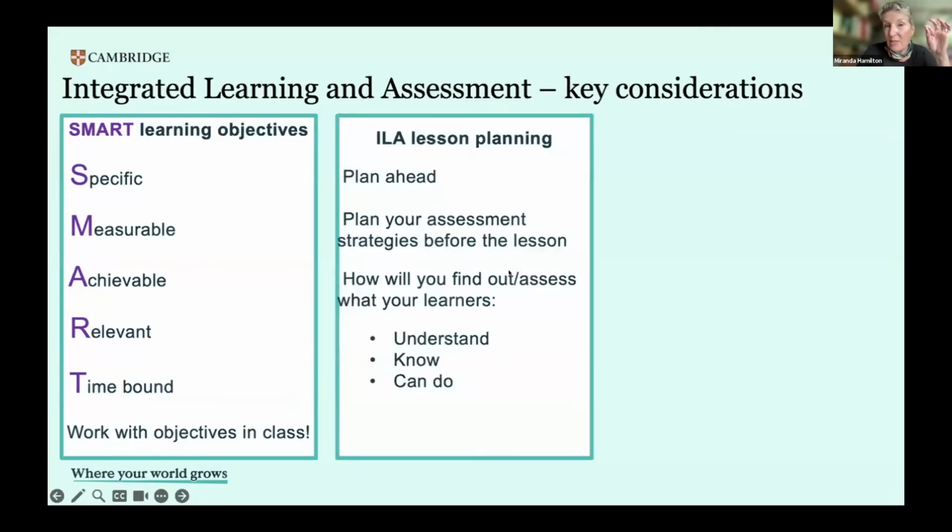Now, this means that ILA requires significant lesson planning or thinking about. So plan ahead. It really helps to plan how you're going to evaluate what your assessment strategies are. How will you know what your learners understand, know, and can do through the lesson?